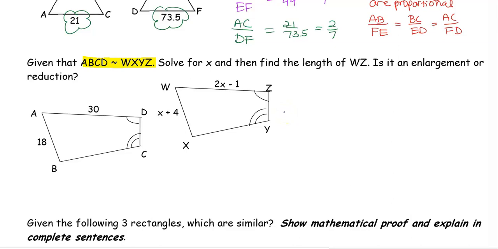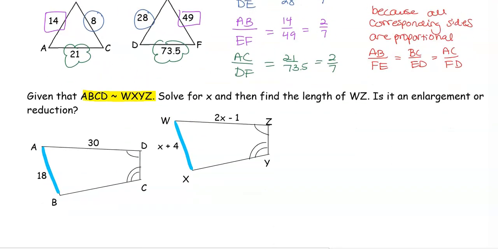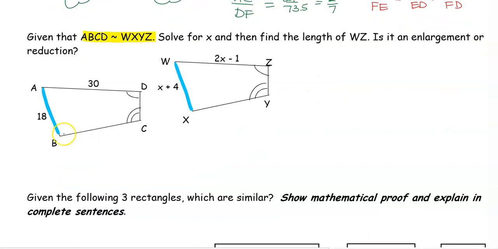The letters match up here with the way the diagram is drawn. Why that makes it so easy is so that I can visually see that AB and WX match up. They're not out of order the way they were up here in the first one. And it just makes it easier when we look at the pieces that are corresponding to each other. DC, YZ, and AD is corresponding to WZ.